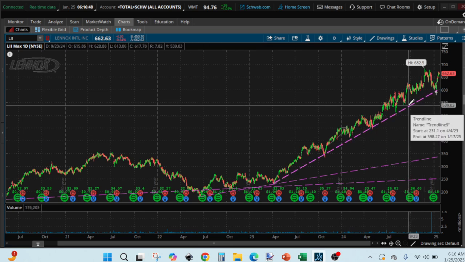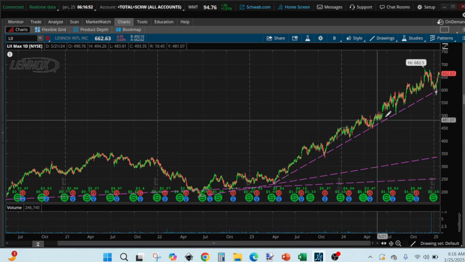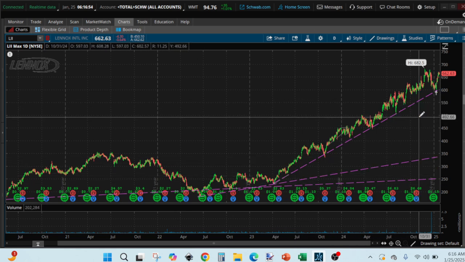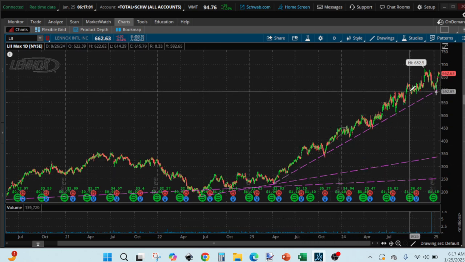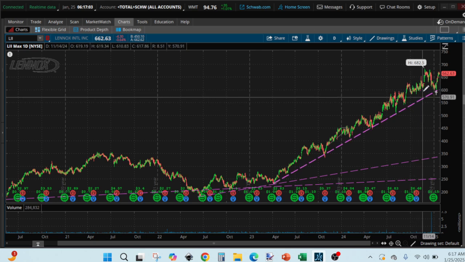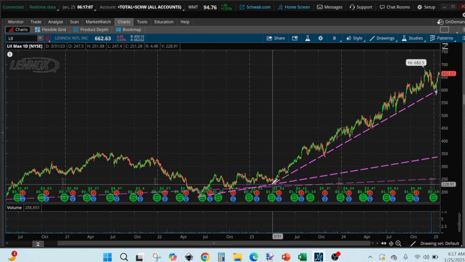Are you entering on the upside of the mountain, on the downside of the mountain, too far gone on the upside, meaning at any point it could decide to pull back, or right at the base of the mountain?